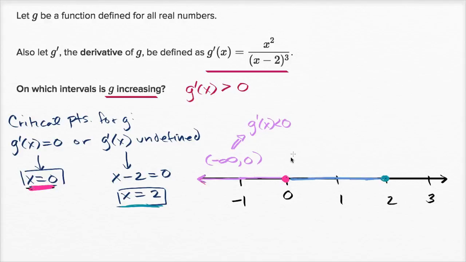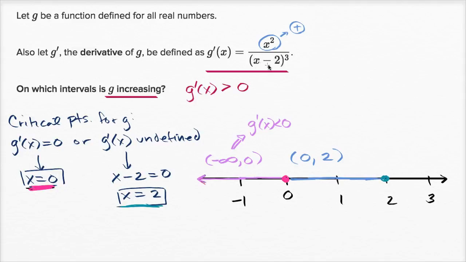Now let's take the interval between 0 and 2, the open interval. What's going to go on with g prime of x here? Well, once again, x squared, anything not equal to 0, is for sure going to be positive. And if we have x minus 2, where x is greater than 0 but less than 2, for example if x was 1, 1 minus 2 is -1.